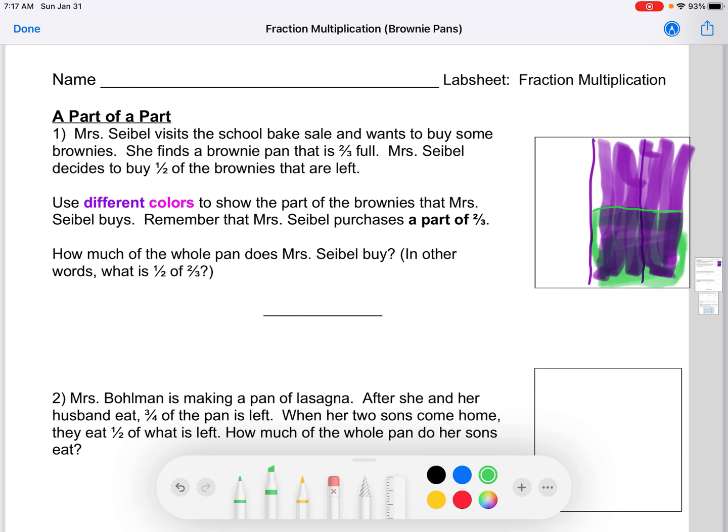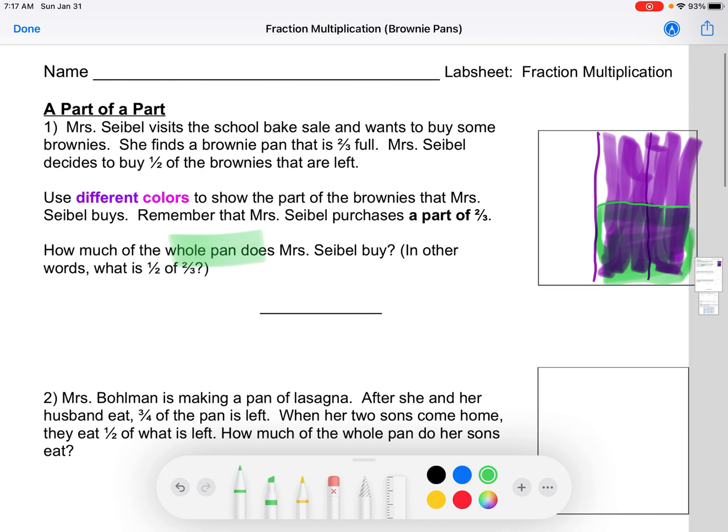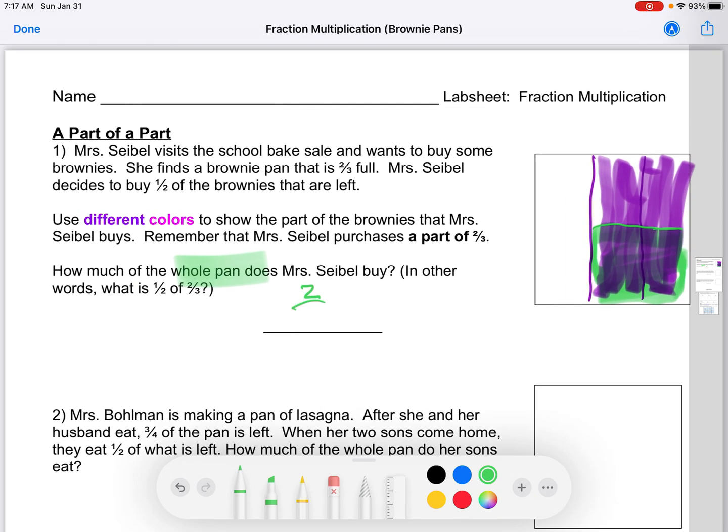So how much of the whole pan does Mrs. Seibel buy? Well, she buys, what would you say, 2 pieces? She does buy 2 pieces, right? But out of how much, right? And this is the important part, I think: if you extend your line right there, that half line that we talked about earlier, on the top we now have 1, 2, 3, 4, 5, 6 pieces.